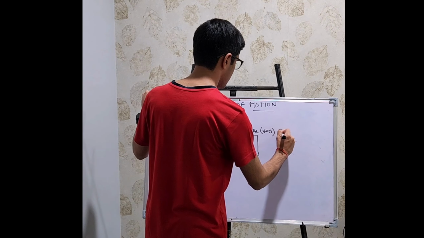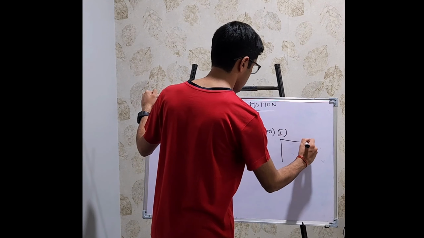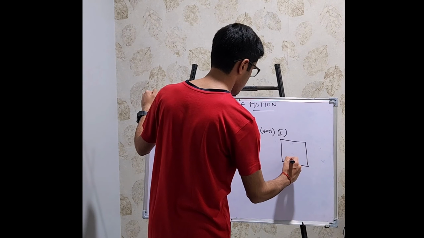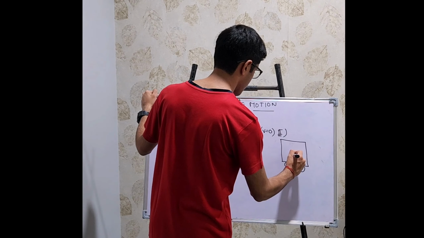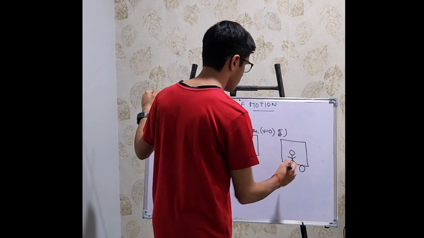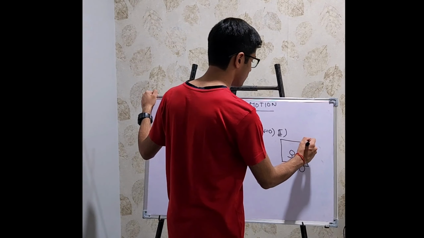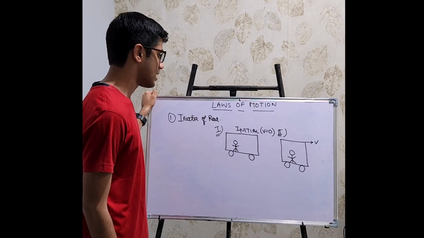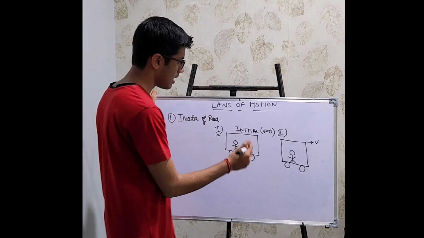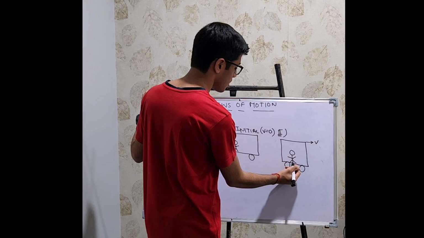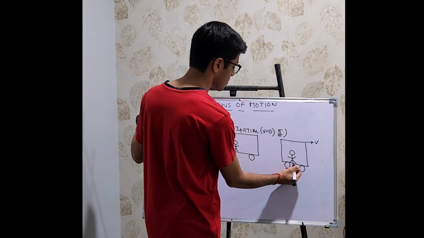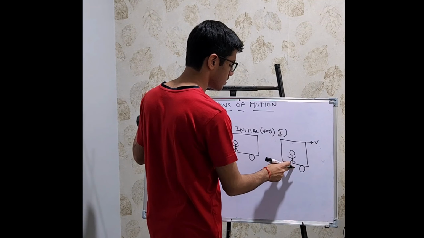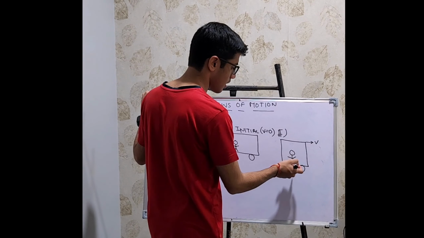Now let's say in the second case, the bus suddenly begins to move with the velocity v. Now what will happen is that our legs are actually attached to the ground, so they will move with the ground.